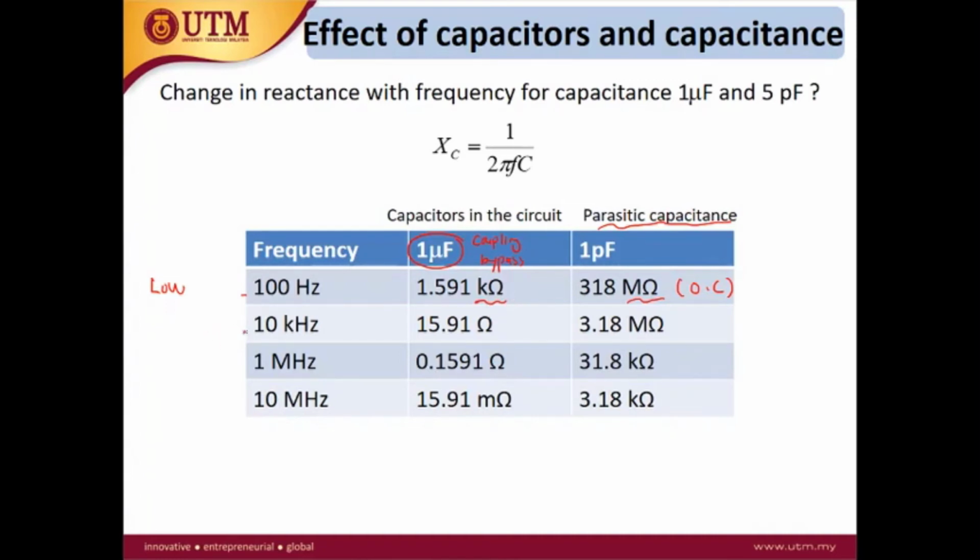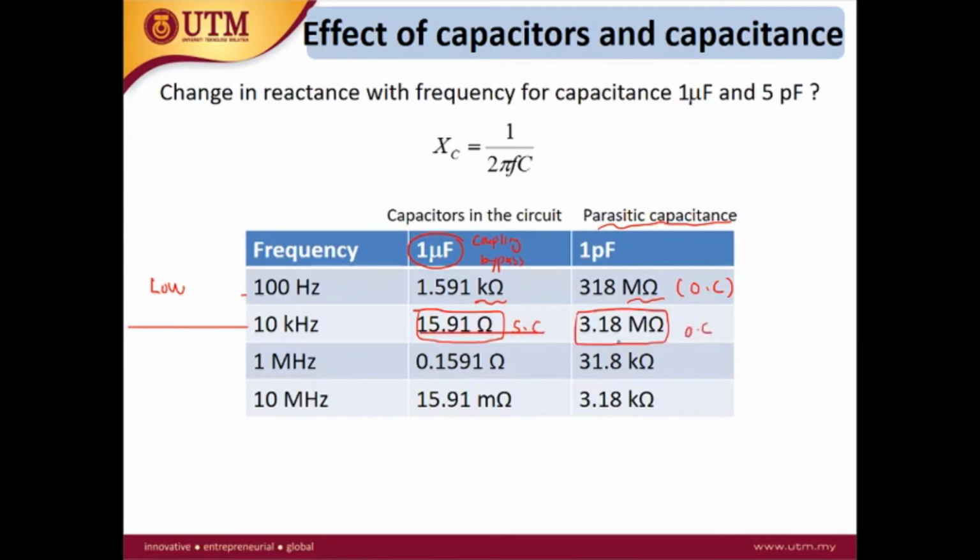Okay, what happened at 10 kHz? At 10 kHz, the impedance of the coupling and bypass capacitor is 15 ohm. So it's quite low, and can be considered a short circuit. And the parasitic one is quite high, an open circuit.